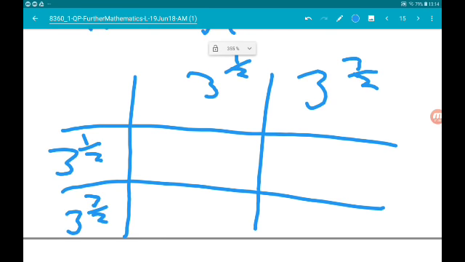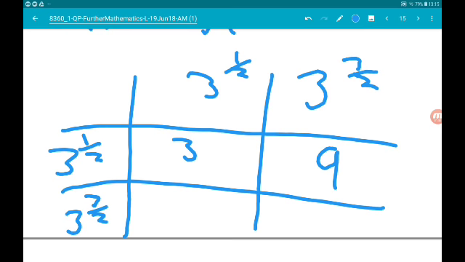So 3 to the 1/2 times 3 to the 1/2 is 3 to the 1, which is 3. 3 to the 1/2 times 3 to the 3/2 is 3 to the 4/2. 3 to the 4/2 is 3 to the 2, which is 9.